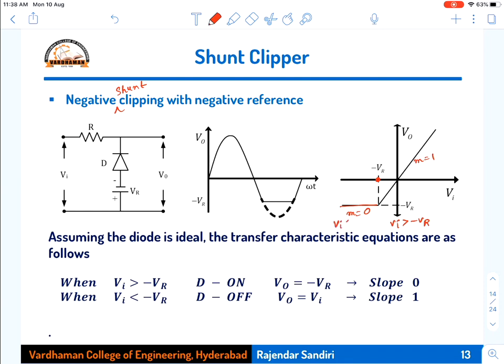Vi less than minus Vr, the slope is 0, where I am taking minus Vr here.